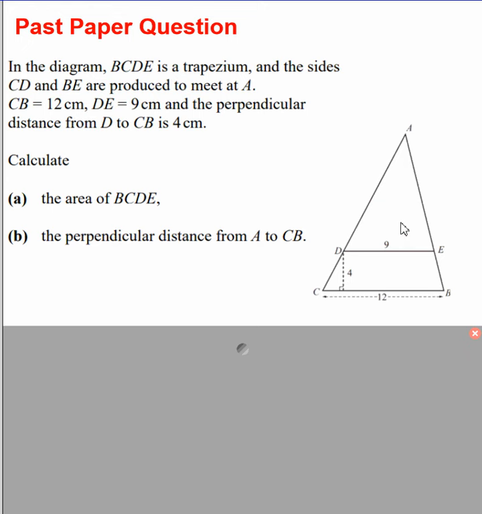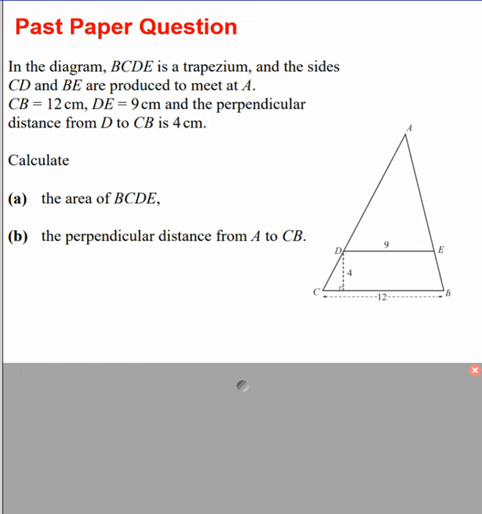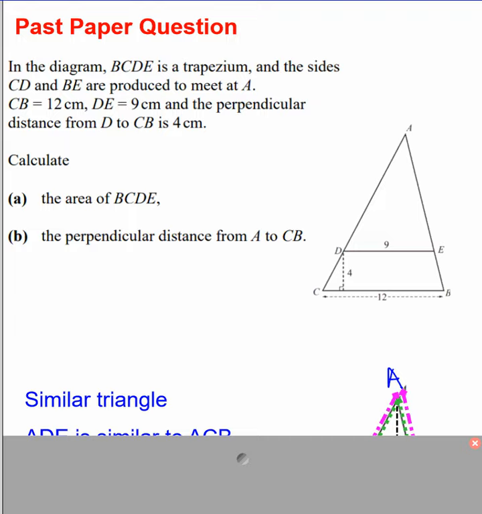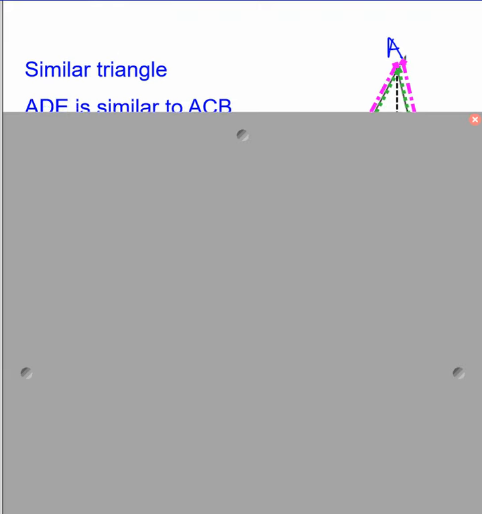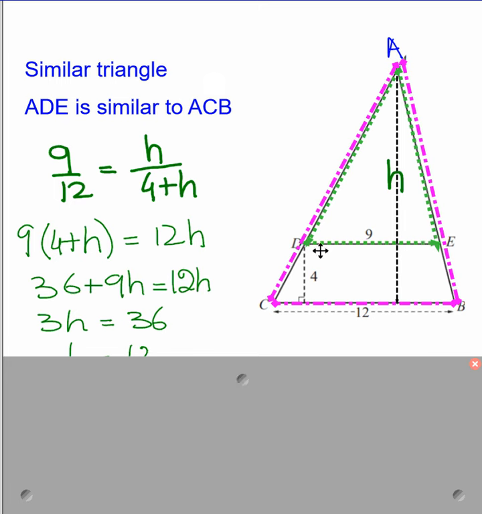If you look at the diagram, ADE and ACB are similar figures. I have highlighted them so that you can get a better picture. This green one and this red one are similar, because the 2 sides are extended and the line DE is parallel to CB.